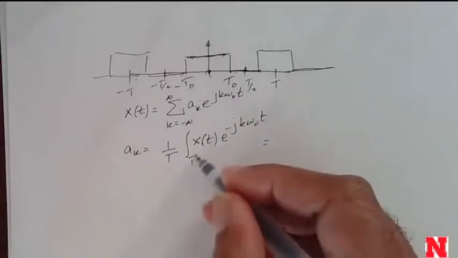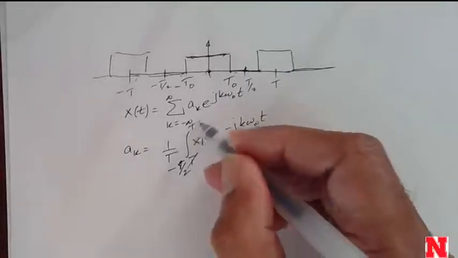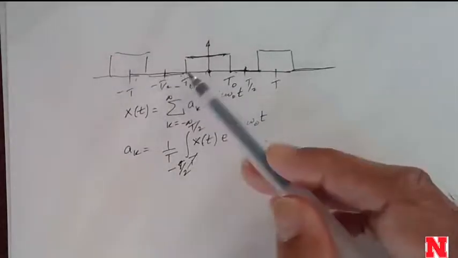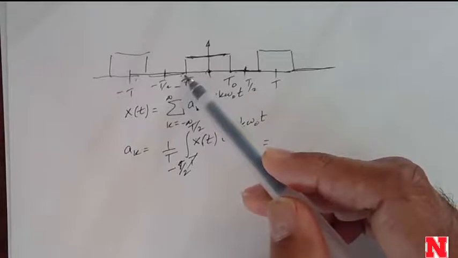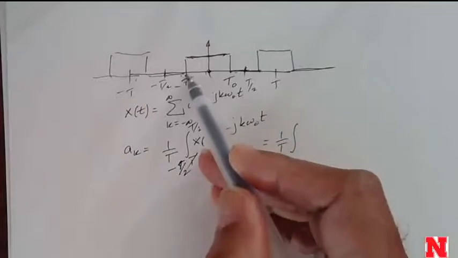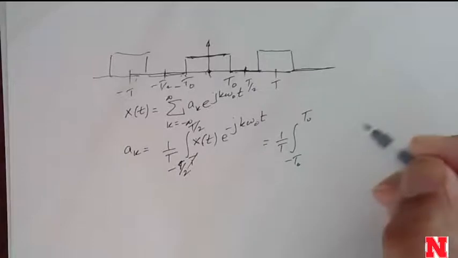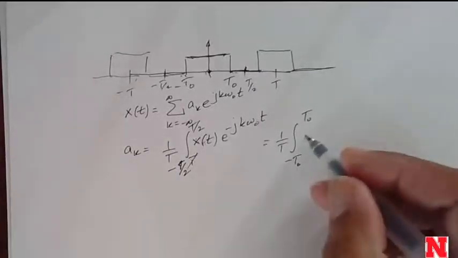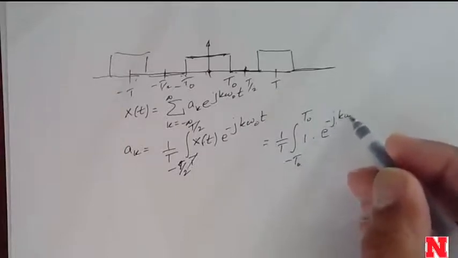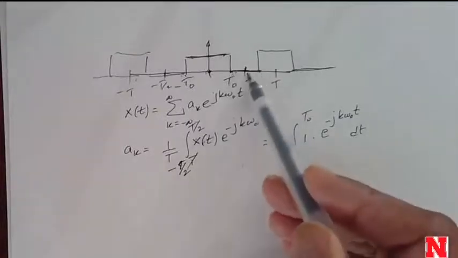So I'm going to make this one period from minus T over 2 to T over 2. And so in this one, from minus T over 2 to minus t0, it's just 0. I don't have to worry about that. Then from minus t0 to t0, x of t is just 1. And I have e to the minus j k omega naught t dt. And from t0 to T over 2, it's again 0.